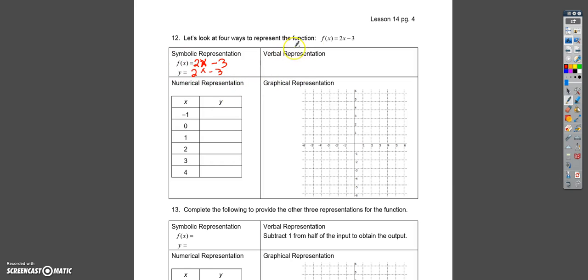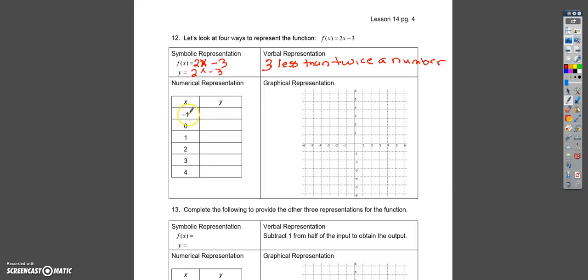Verbal representation. We could say 2 times x minus 3, or we could say 3 less than twice the number. 2 times the number is twice the number. 3 less than would be twice the number minus 3.